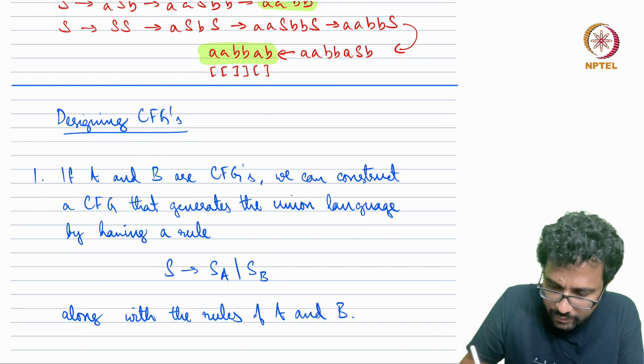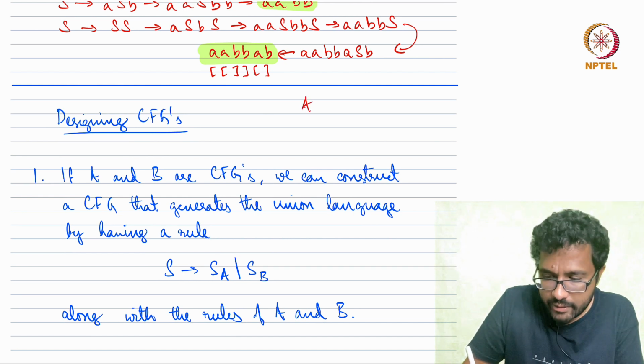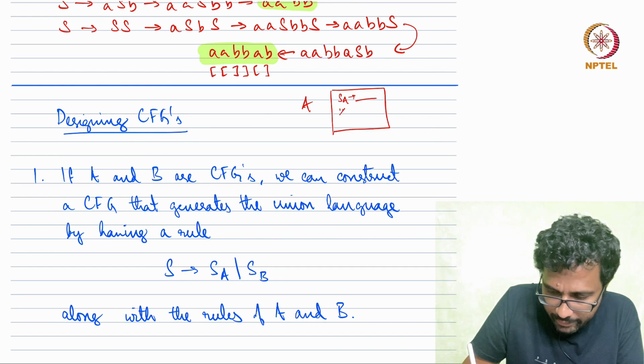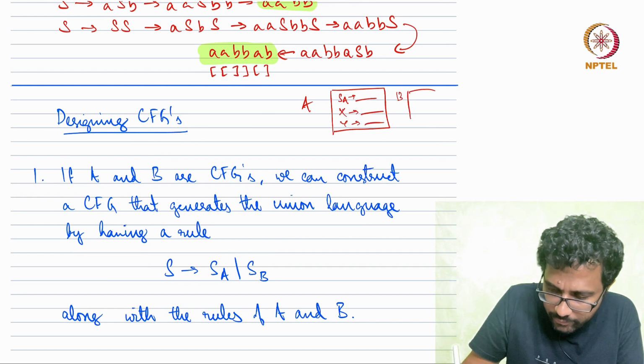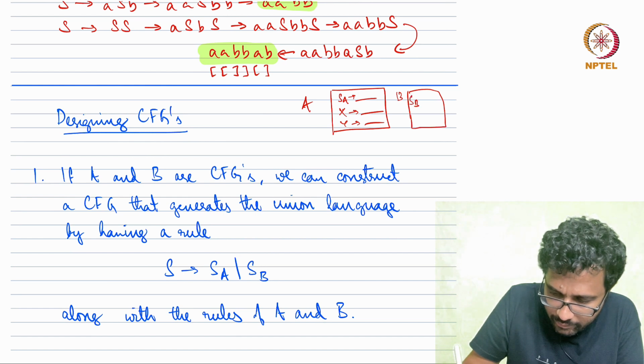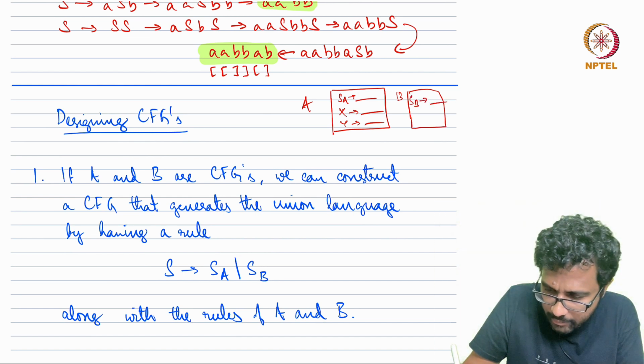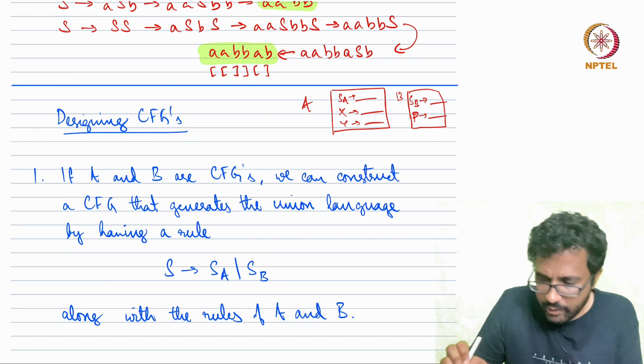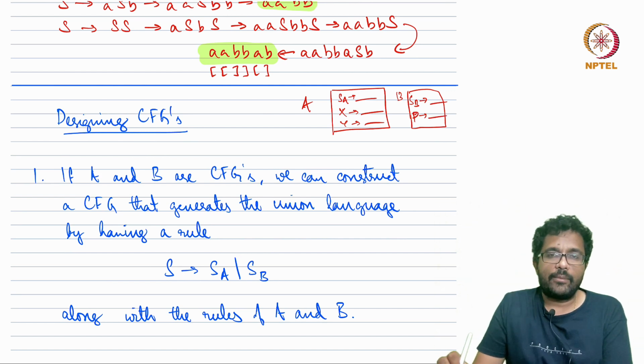So you have some grammar A which has some rules, say SA is the starting variable, and some other variables, X gives something, Y gives something, and so on. Similarly you have SB as the starting variable of B. Now can we construct a grammar that generates the union set of strings?